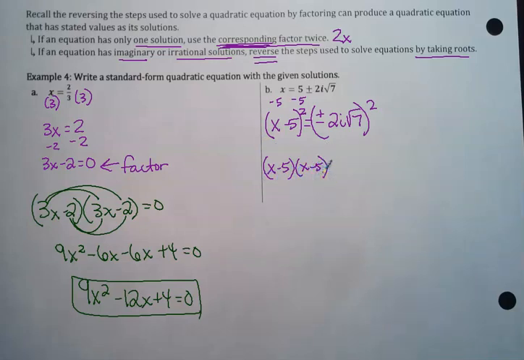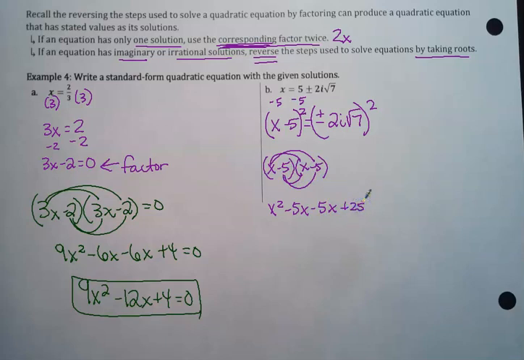You might recall the shortcut for this because it's a square of differences, but if not, I'll FOIL it out so you know. x times x is x squared. x times negative 5 is minus 5x. Negative 5 times x is minus 5x. Negative 5 times negative 5 is plus 25.